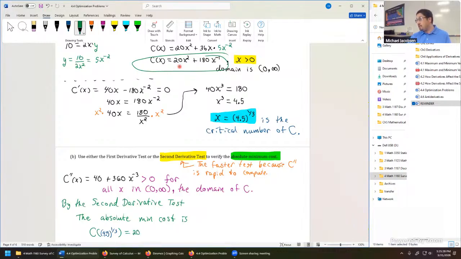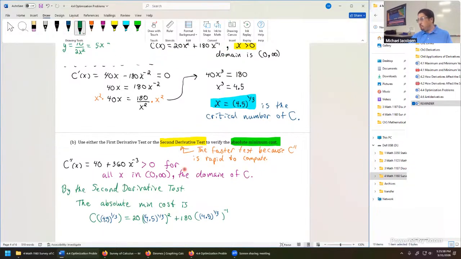this turns into 20 times 4.5 to the power of 1/3, squared, plus 180 times 4.5 to the power 1/3 raised to the power -1. So that's it thrown into this function here.